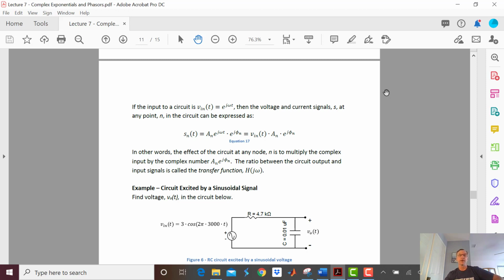Or in other words, here is our input, e to the j omega t. It gets scaled by an amplitude associated with whatever node our dart landed on, and a phase shift, which is the phase shift at that node.